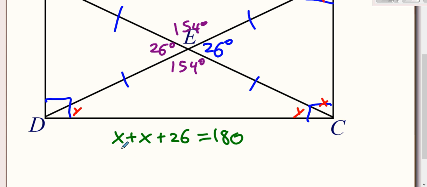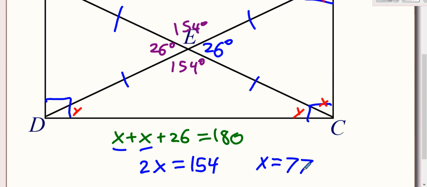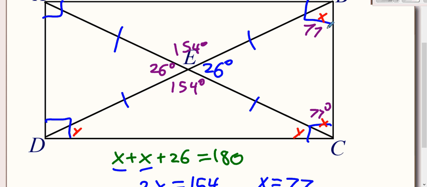Subtract the 26, combine like terms. 2x equals 154, so x equals 77. So this angle is 77 degrees. So is that angle.